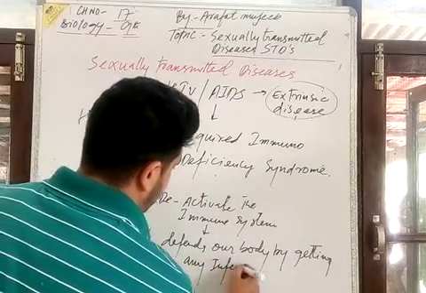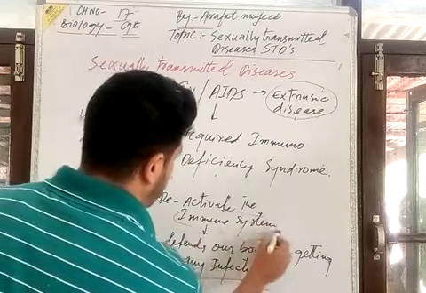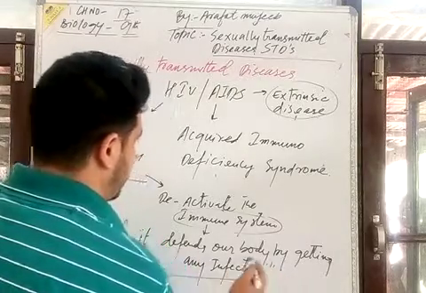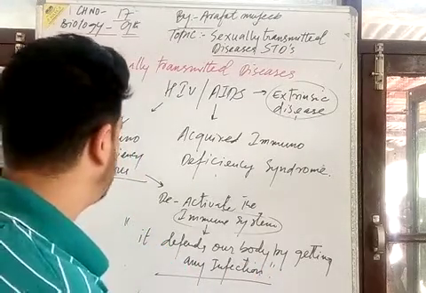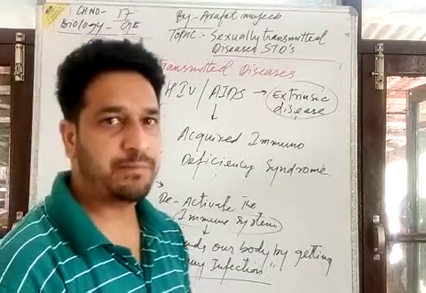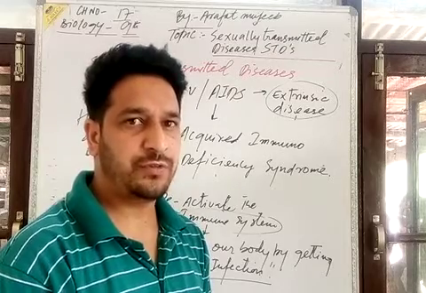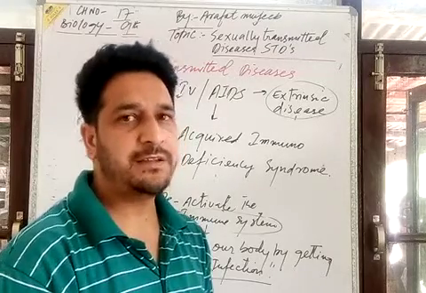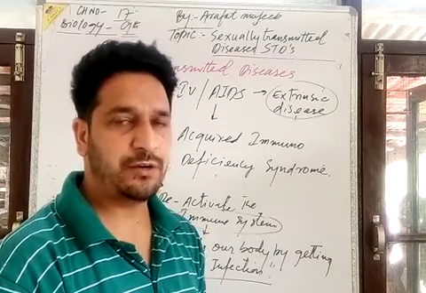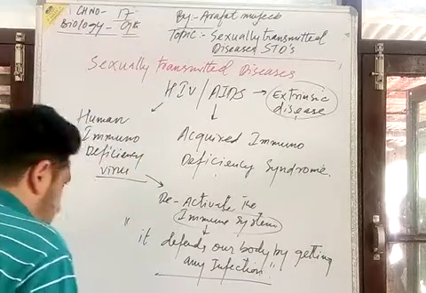To protect us from that, the immune system performs its work, and it defends our body against any type of infection, and this virus deactivates the work, retards the function of the immune system. It declines the number of T lymphocytes, which is related to the lymphatic system or immune system.